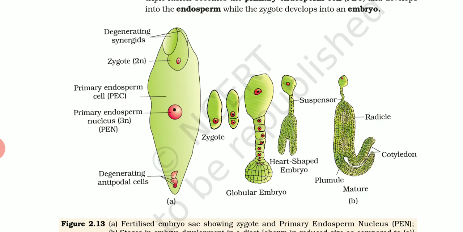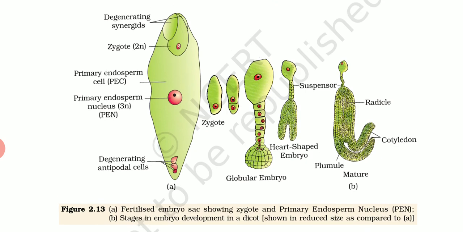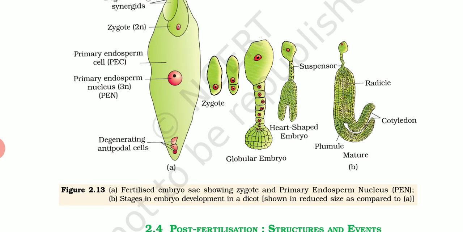Slowly the cells are getting reorganized, and then it gives rise to, first of all, a proembryo. The two-cell stage is called proembryo, followed by globular embryo, because it is usually oval or round in shape, hence it is called a globular embryo. And then we have the heart-shaped embryo.